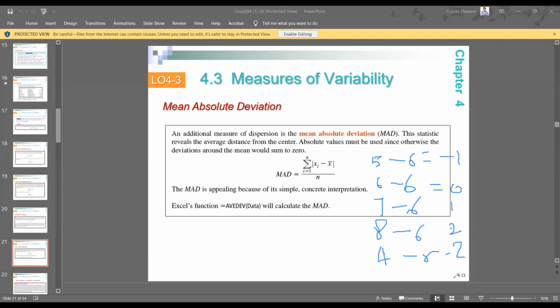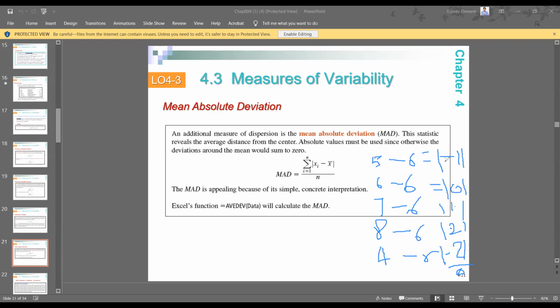If I sum all of them, they are going to be 0. Therefore, instead of doing this, why don't we take the absolute value? The absolute value is written with two vertical lines. That means the signs, minus and plus, become null. So 2 plus 2 plus 1 plus 1.